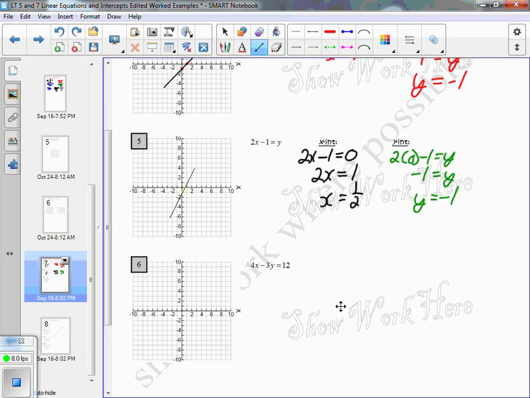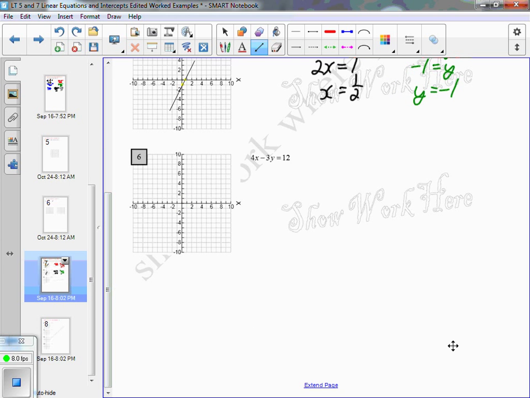All right. Last one we're going to do together. Number 6. Let's get the x-intercept. That means replace y with 0. So that'll be 4x minus 3 times 0 equals 12.